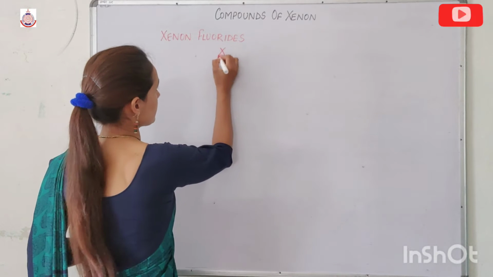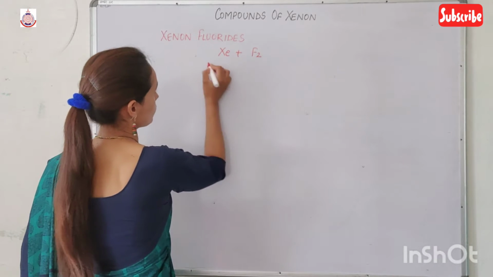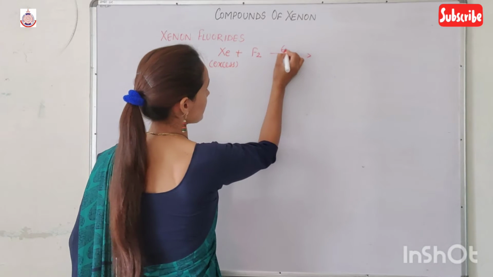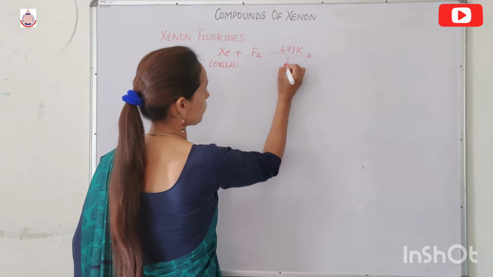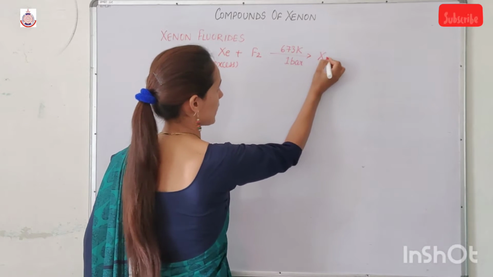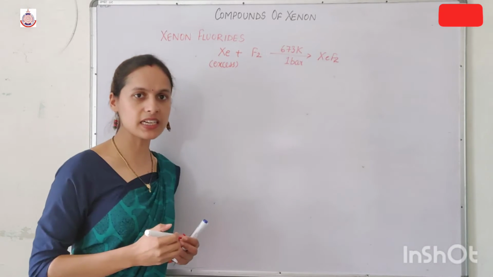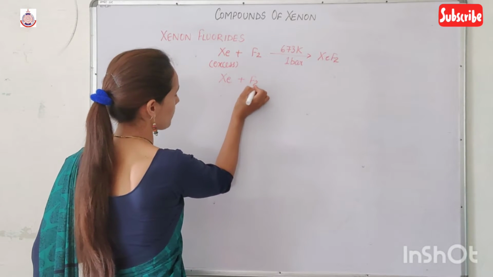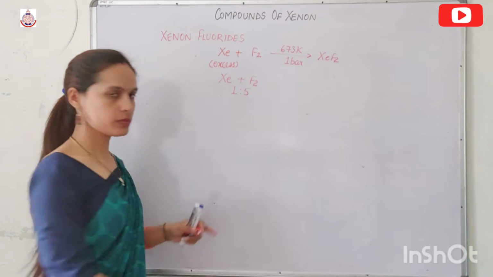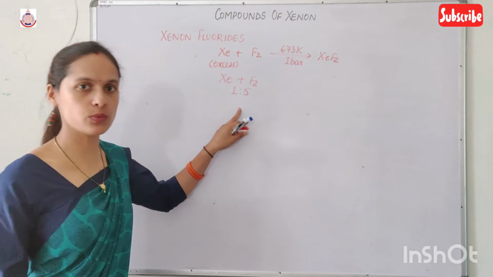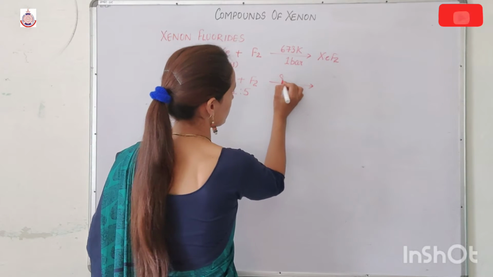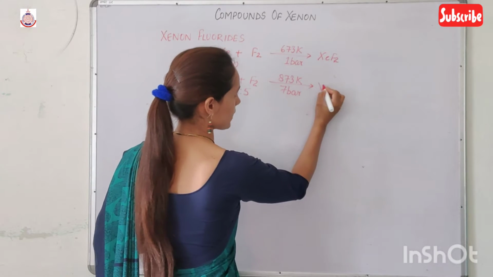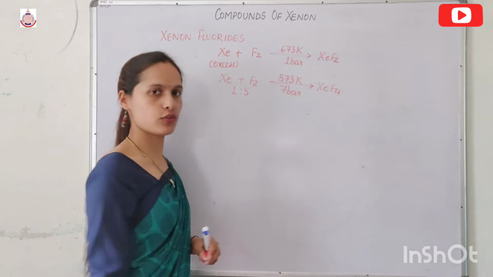So Xe reacts with F2. When excess of Xe reacts with F2 at 673 Kelvin and 1 bar pressure, we get XeF2. But when Xe and F2 are present in 1:5, the temperature is 873 Kelvin and pressure is 7 bar, then instead of XeF2 we get XeF4.